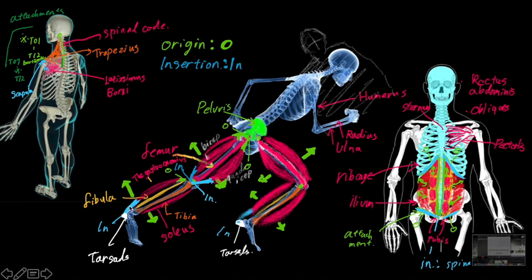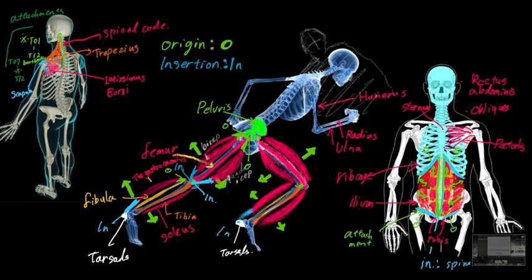And then the biceps femoris is connected to the pelvis, which is the origin, and the insertion will be the femur, and part of the biceps is connected to the fibula too. So you might want to be careful on that.